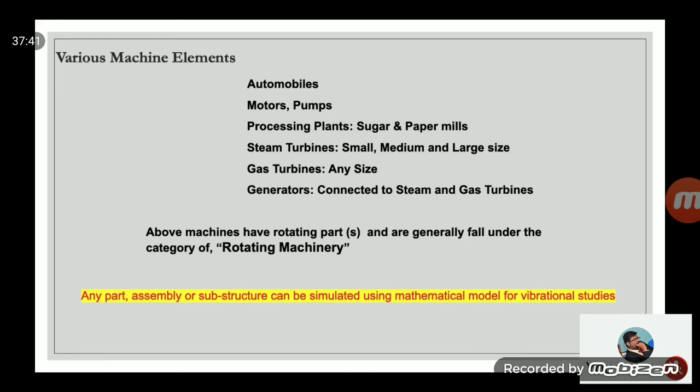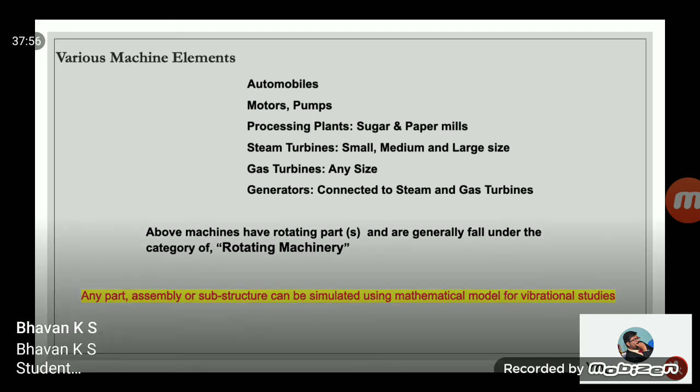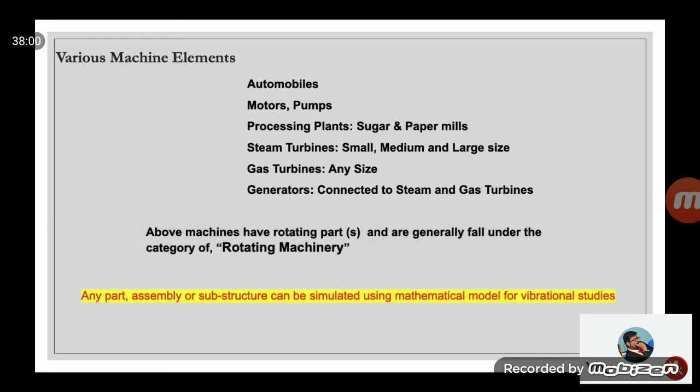Now moving on to the other machine elements that are common in the industry. All rotating machines: automobiles, motors, pumps, and machines used in processing plants like paper mills and sugar industries, and steam and gas turbines, small, medium, and large, and generators.